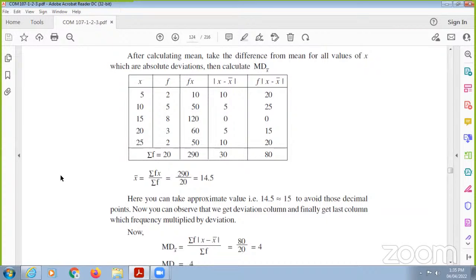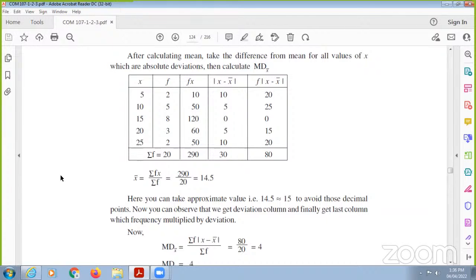Then last column, f into bracket x minus x bar. Here 10 into 2, 20, then 5 into 5, 25, then 8 into 0 is 0, then 5 into 3, 15, and 10 into 2, 20. The total of this is 80 here.